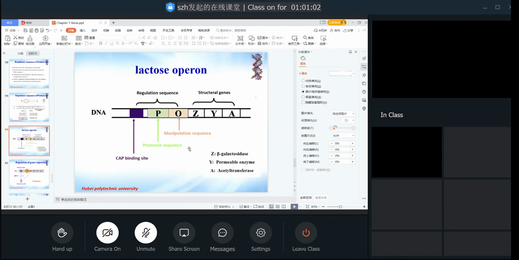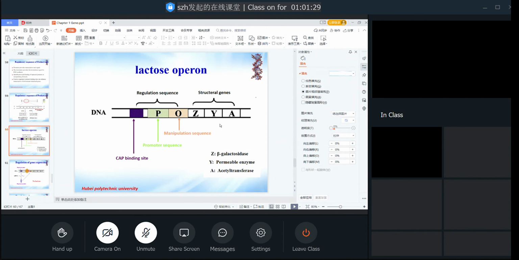And here you can see Jacob and Monod in 1961 presented the lactose operon. Like this, the composition has three kinds of enzymes that take part in lactose metabolism.